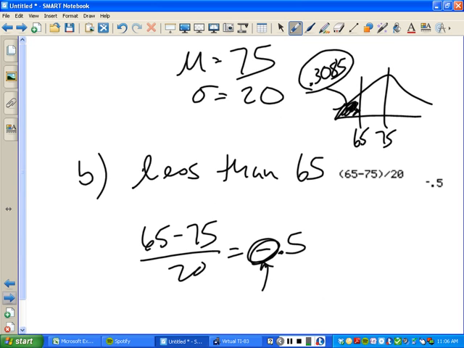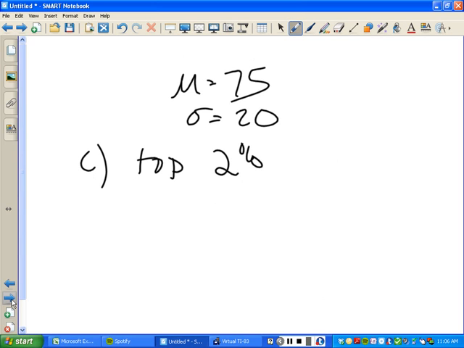0.3085. Okay. Now, for this one, for the top 2%, this one's a little bit different. If I had the chart pulled up on the computer so nicely, it'd be easy to see. But you're just going to have to trust me on this one, okay? You're looking for 0.0200 on the inside part of the chart.